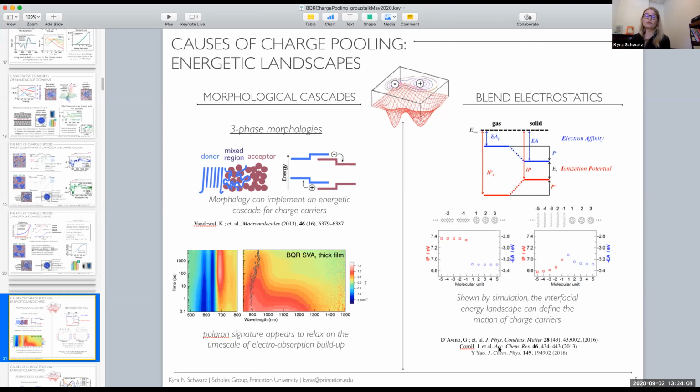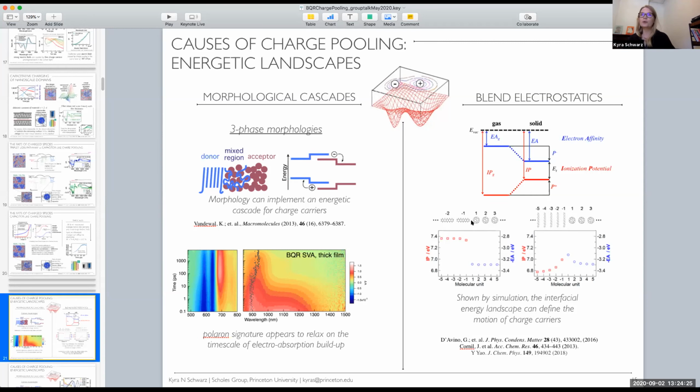And there have been a lot of really nice theoretical studies on this. So here are some pentacene molecules and fullerene molecules at an interface, and you can see a really dramatic effect on the ionization potential and the electron affinity, depending on which way you stack these molecules. So this is really of interest.